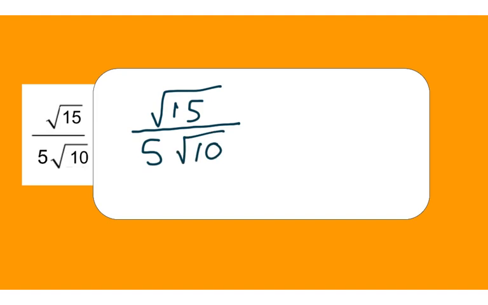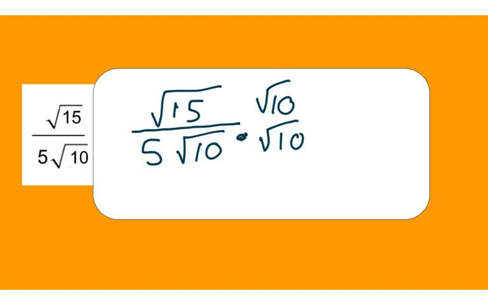Before we do that, you can simplify the radical 15 and radical 10 if you wanted to by dividing each by 5. It would make your life easier, but you're still going to get the same answer. I'm not going to do it that way, just to show you the easiest way to do this, and that is to multiply the top and bottom by radical 10.